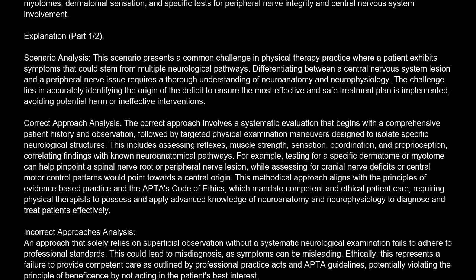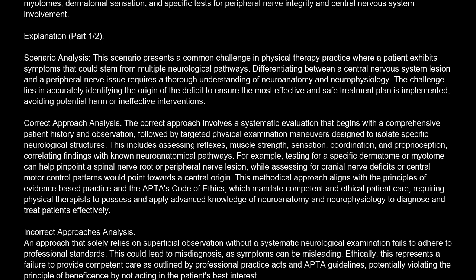Differentiating between a central nervous system lesion and a peripheral nerve issue requires a thorough understanding of neuroanatomy and neurophysiology. The challenge lies in accurately identifying the origin of the deficit to ensure the most effective and safe treatment plan is implemented, avoiding potential harm or ineffective interventions.